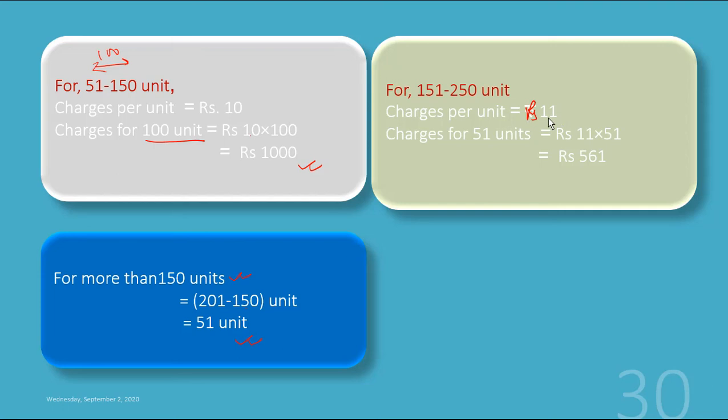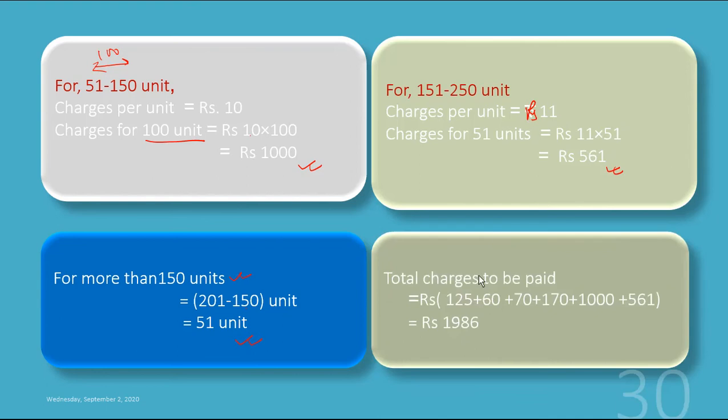So the charge for 51 units is 51 into 11, which is 561. And the total charges to be paid is the minimum cost 125 plus 60, 70, 170, 1000 and 561. Total is 1986 rupees.